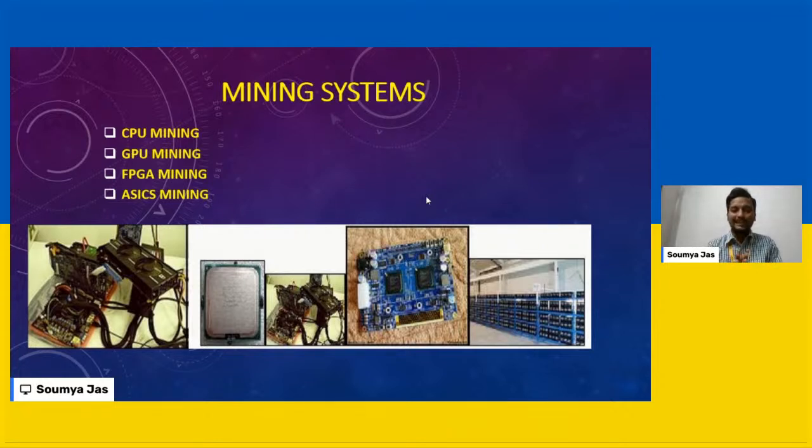Due to the increased difficulty of the Bitcoin network and the general tendency of finding a faster methodology to mine further, miners started using the graphics cards available in PCs to perform mining.